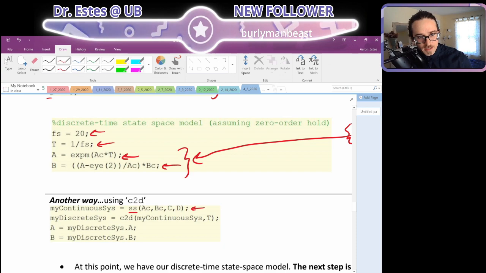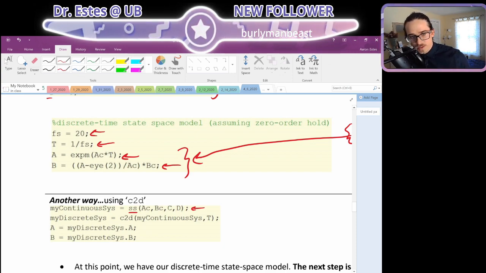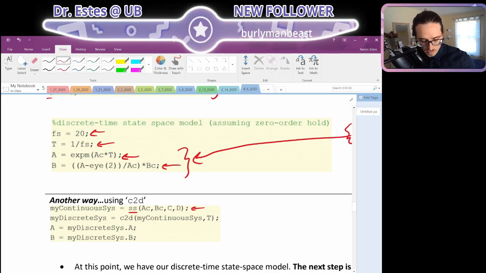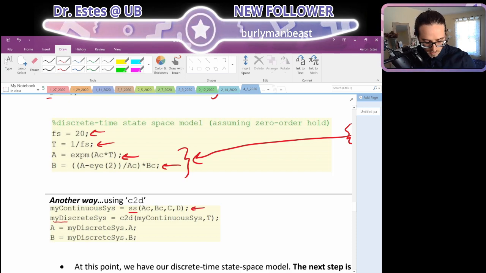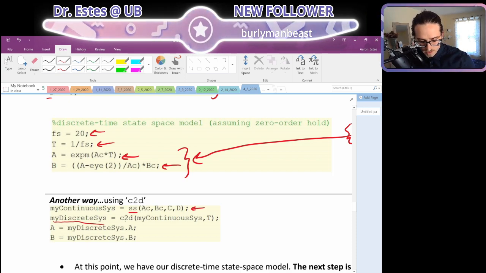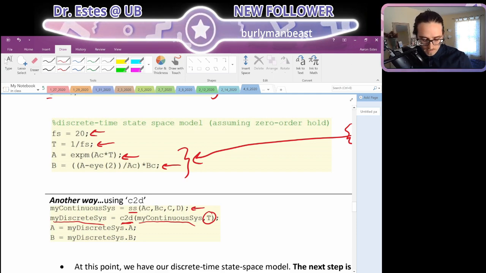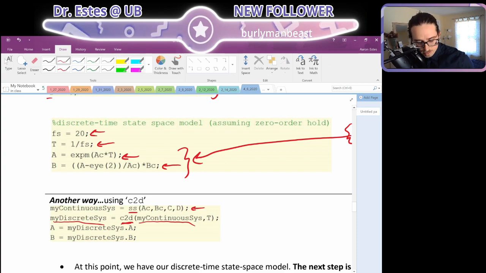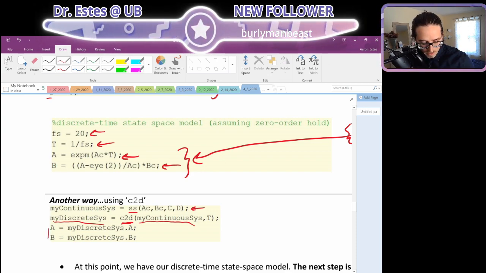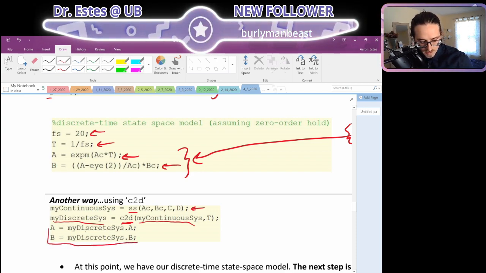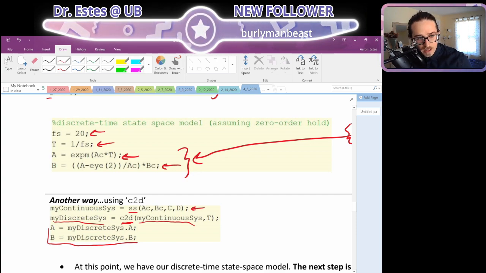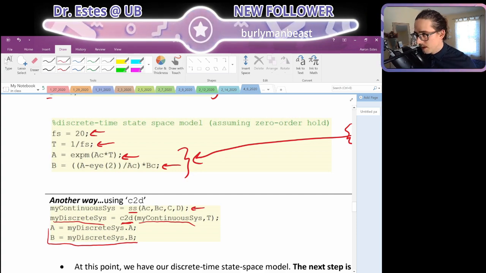So you use the SS command and you give your continuous matrices in there. And then you create a discrete time system object by using C to D, operating on your continuous system, and then you give the sampling period as well. And then if you want to pull the A and B matrices out of that, you have to say my discrete system dot A, my discrete system dot B.